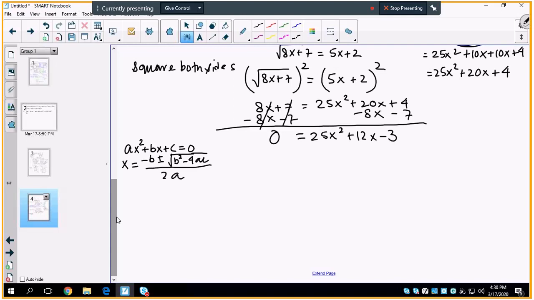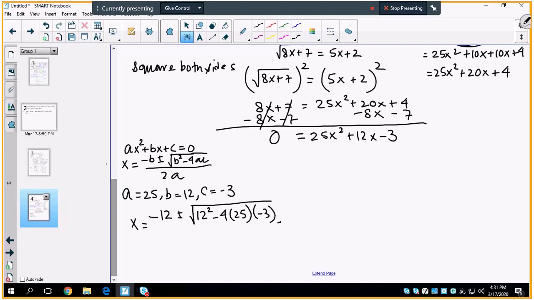So identify a, b and c. In your problem, a is 25, b is 12 and c is negative 3. So now I will say x is equal to negative b, so negative 12 plus or minus square root of b squared, so 12 squared, minus 4 times a, so 25, times c, which is negative 3, all over 2 times a, which is 25.